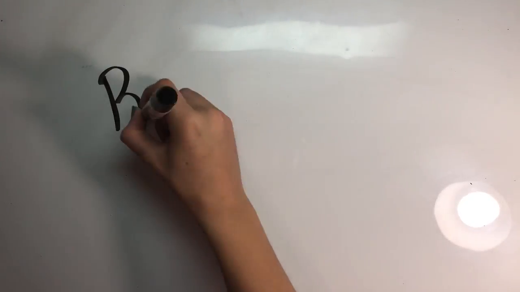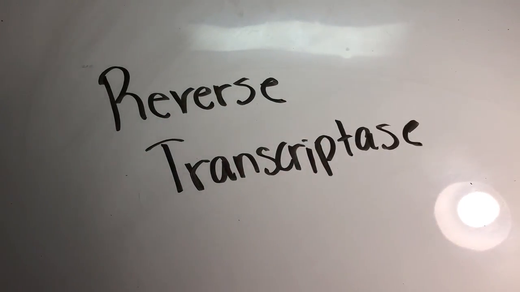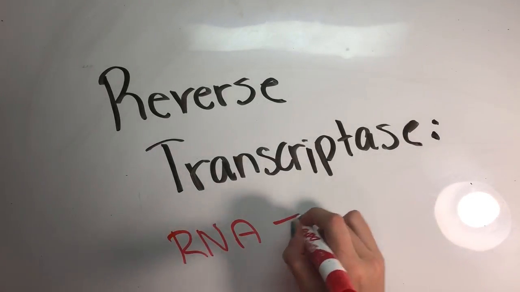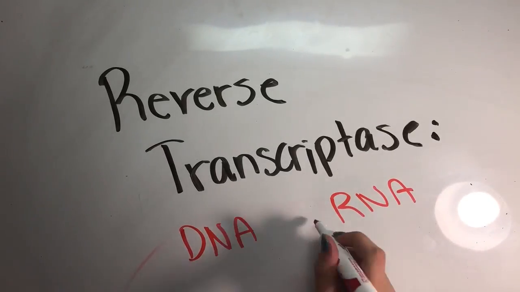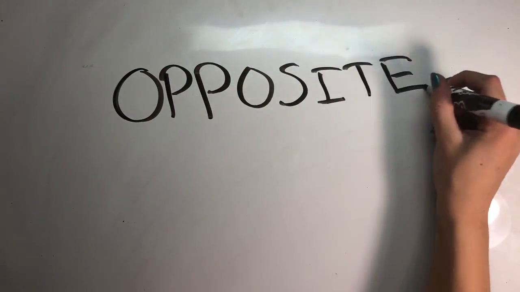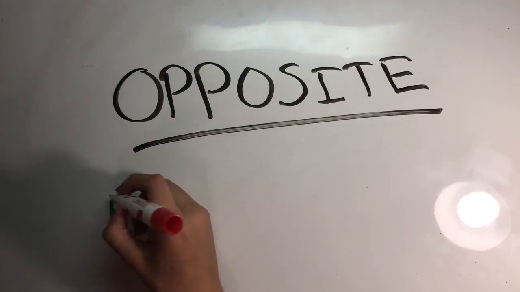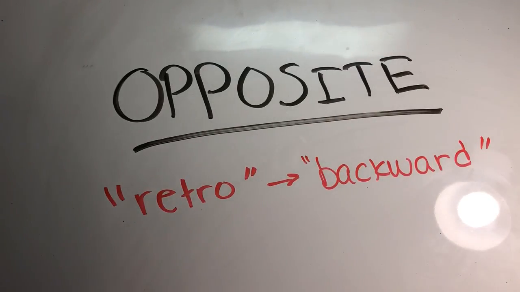These RNA animal viruses contain a special enzyme called reverse transcriptase, which transcribes an RNA template into DNA. These viruses are called retroviruses because they cause an RNA to DNA information flow, which is the opposite of the usual direction. The word retro means backward, hence the name retrovirus.